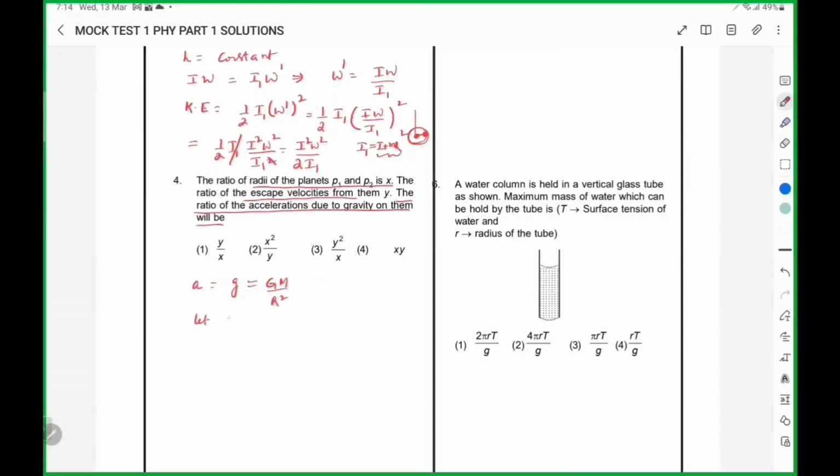So let R1, R2 be radii of planets. So R1 by R2 is x, and escape velocities of planets V1, V2.